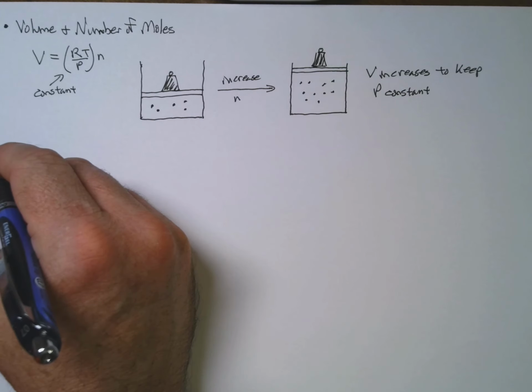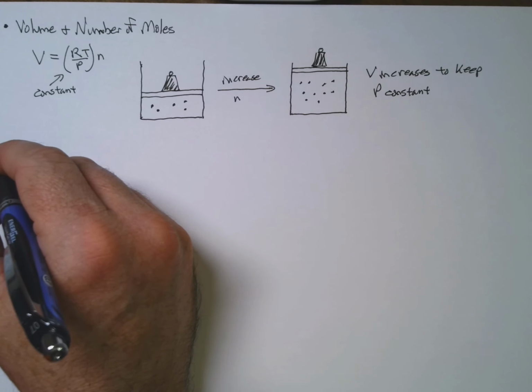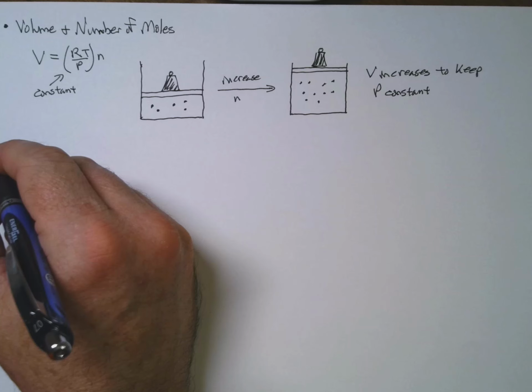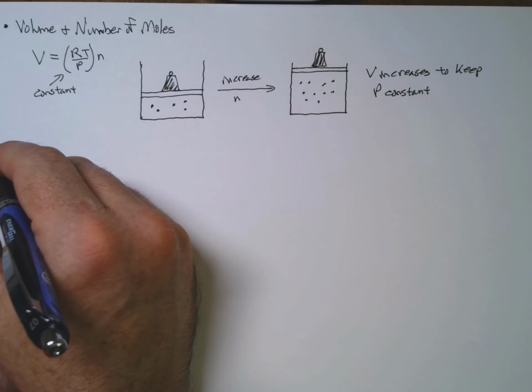One more thing to note, and that is that for mixtures of gases, that is, when we're looking at Dalton's law of partial pressures, kinetic molecular theory assumes that gas particles are independent and have no volume.